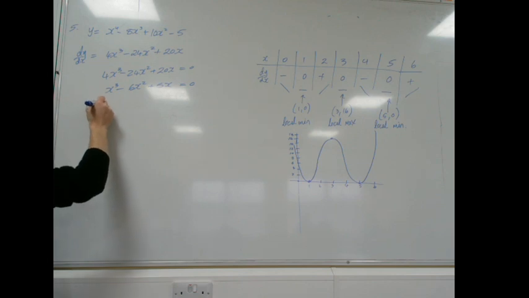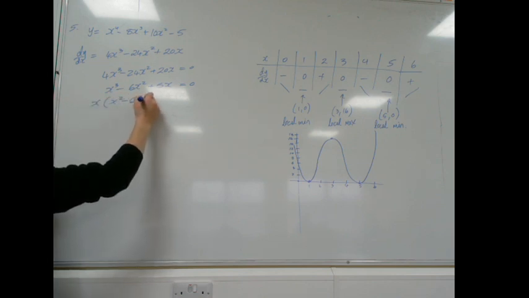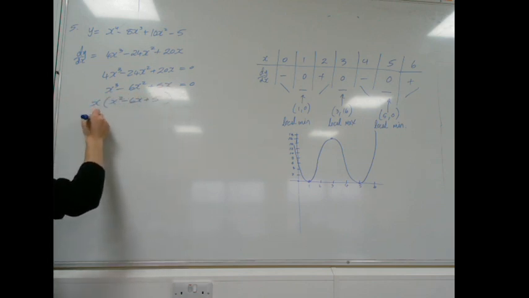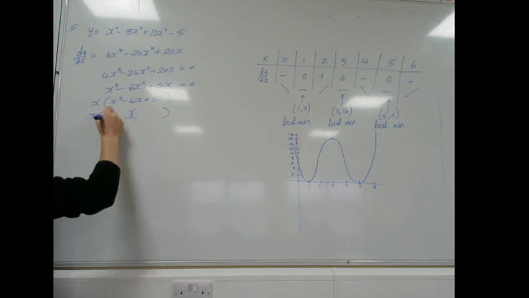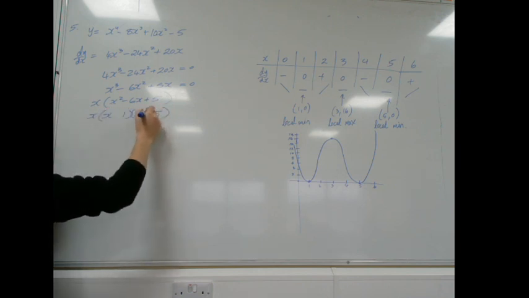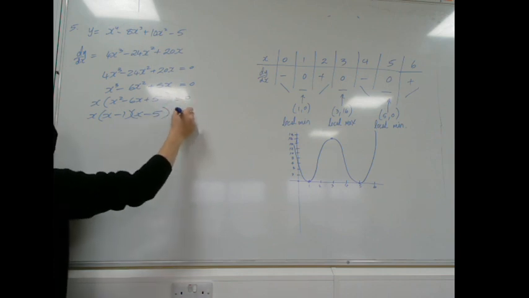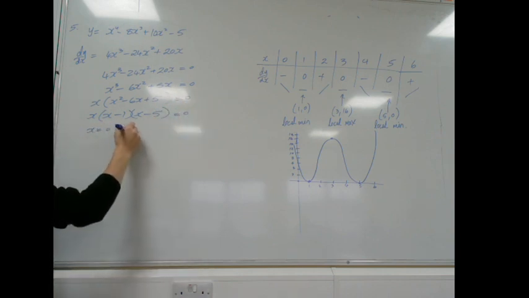So you have x times (x minus a)(x minus b) equals 0.